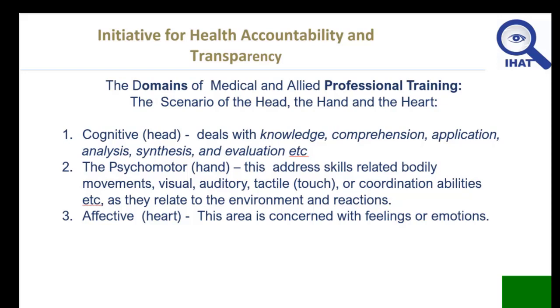We also mentioned the psychomotor, which is the hand, and this addresses skills related to bodily movements, visual, auditory, tactile, or coordination abilities as they relate to the patient, the environment, and also the reactions.